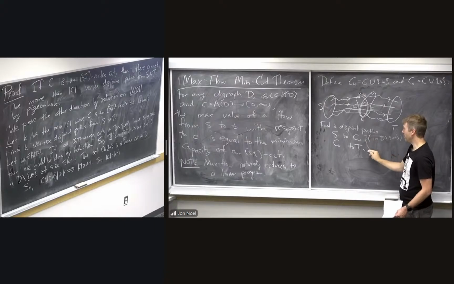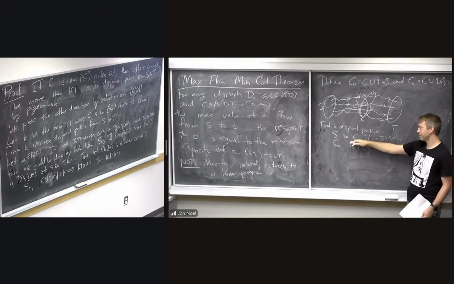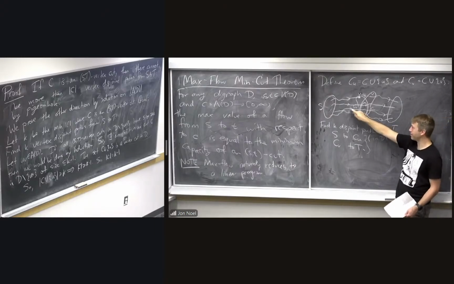So both of these sets of paths I'm going to find in this smaller digraph, because that allows me to use induction. I can't use induction in the digraph D, but I can use it in here. And so by induction, either those paths exist, or there's some small vertex cut that forbids them.